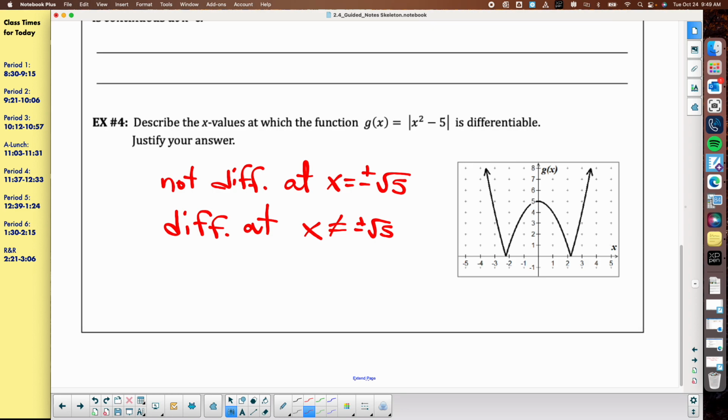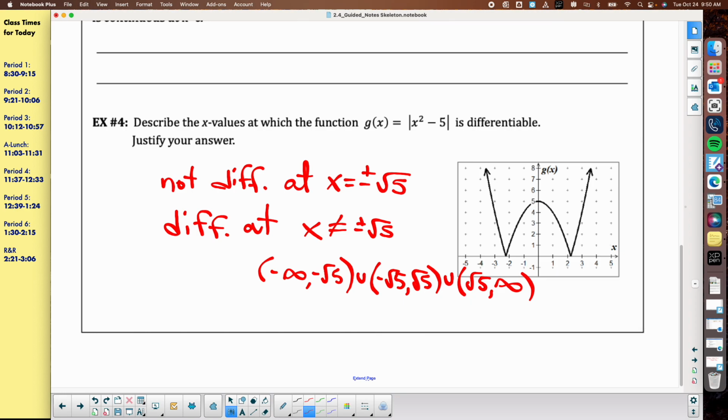Now, if you want to do interval notation, you could say negative infinity to negative square root of 5, along with negative square root of 5 to square root of 5, along with square root of 5 to infinity. Everybody kind of has a preference on how they like to write things. Pick whatever. But excellent. So the only spots it doesn't is where there were sharp points.